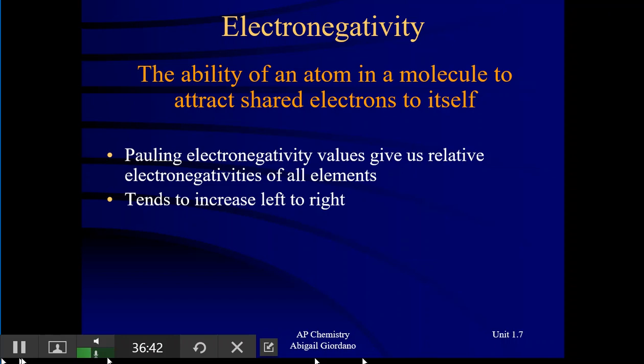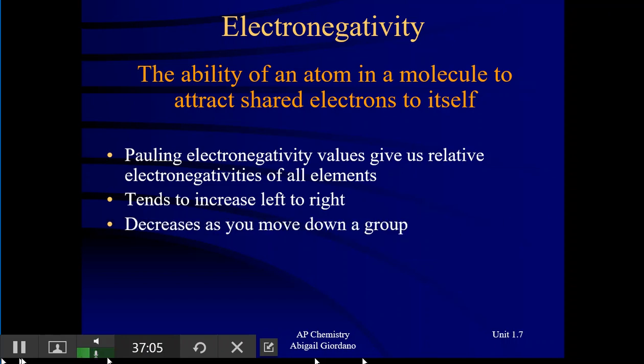It increases. That means the nucleus is attracting its own electrons more and more strongly to itself. Well, if the nucleus attracts its own electrons more strongly, don't you think it could also attract the electrons from somewhere else as well? And yes, it can.